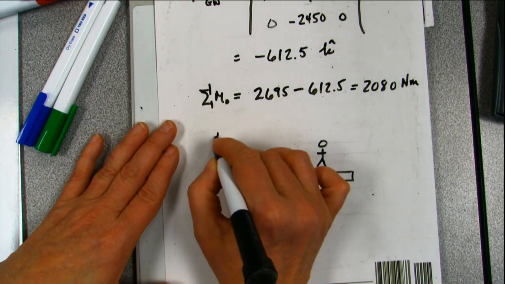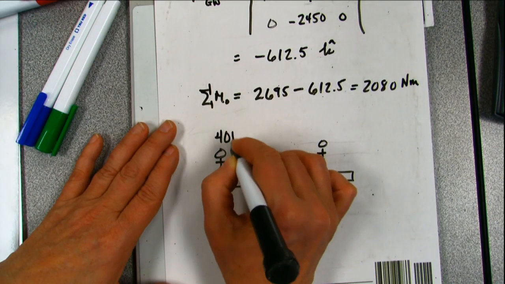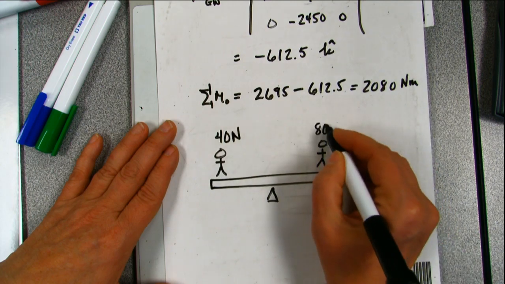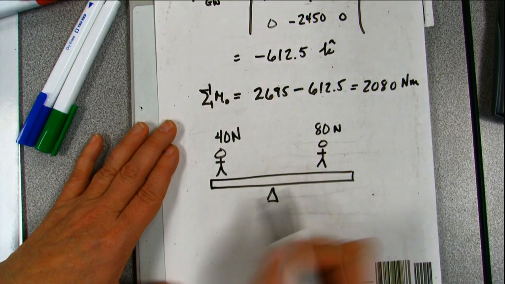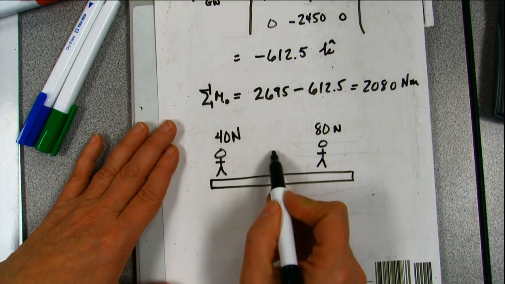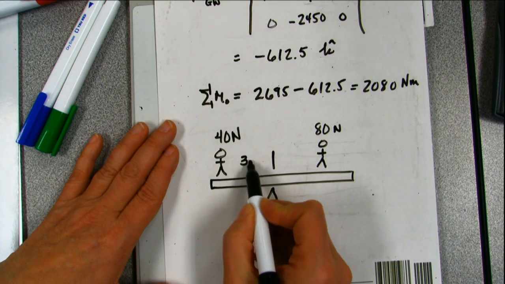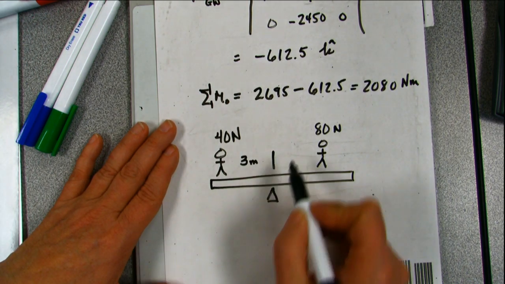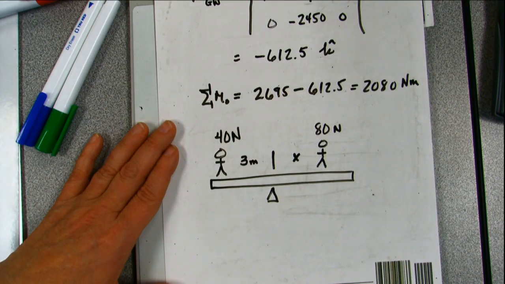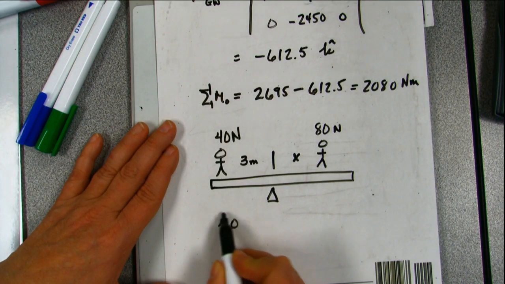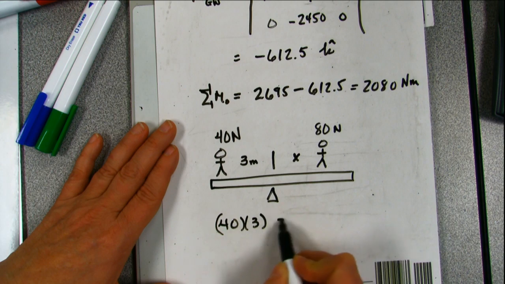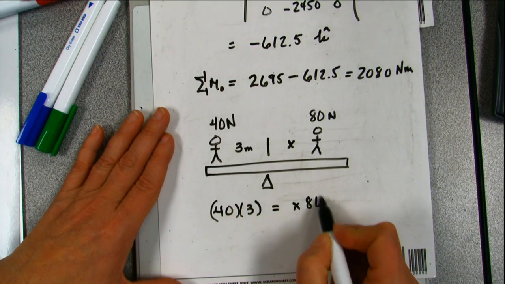If this person was 40 newtons, and this person was 80 newtons, I had to balance it out. If this person is 3 meters away from the rotation point, and I want to know where that person needs to be, that's 40 times 3 is equal to x times 80.